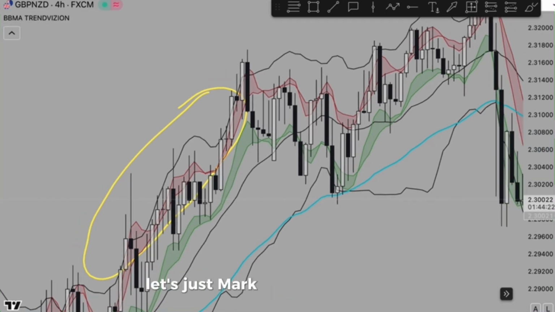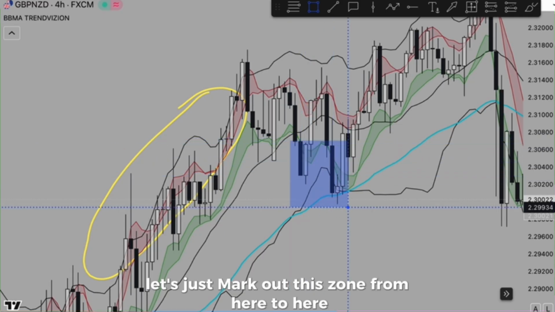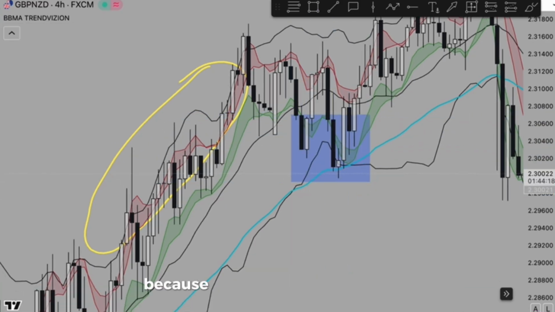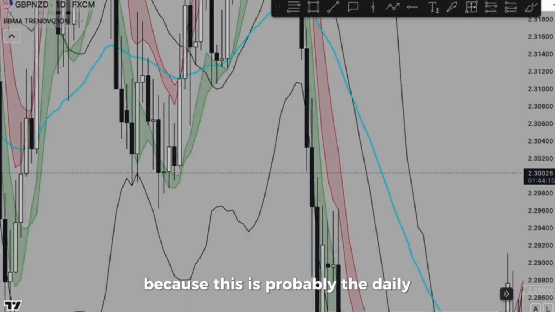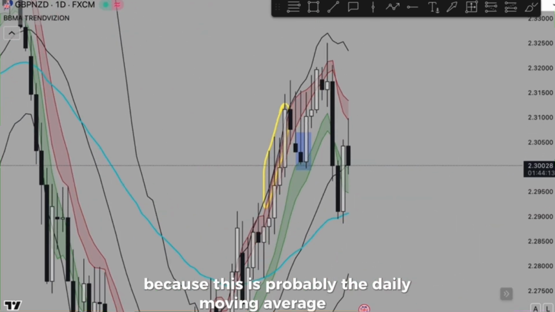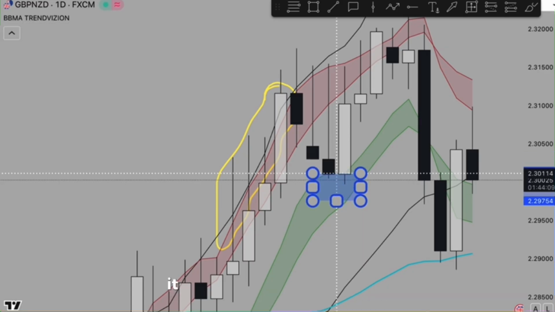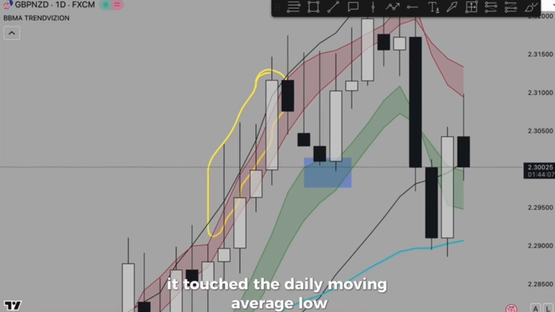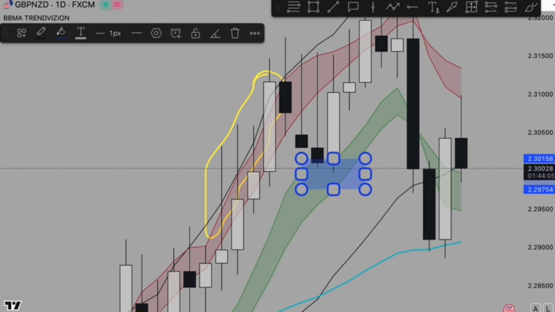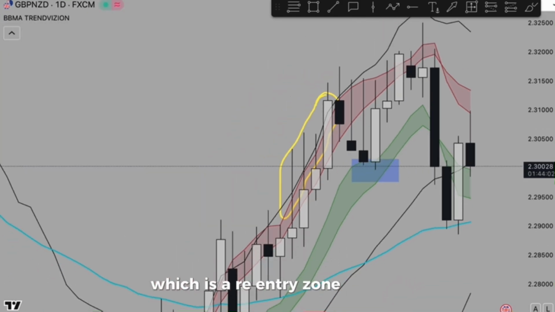So let's just mark out this zone from here to here, because this is probably the daily moving average low. Exactly. As you can see here, it touched the daily moving average low, which is a re-entry zone.